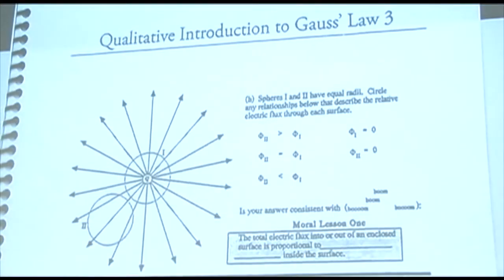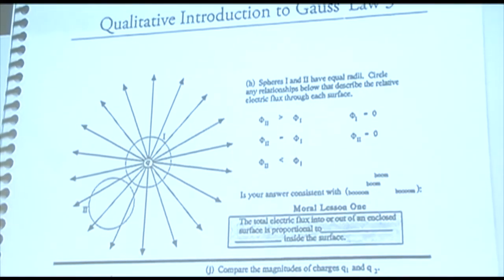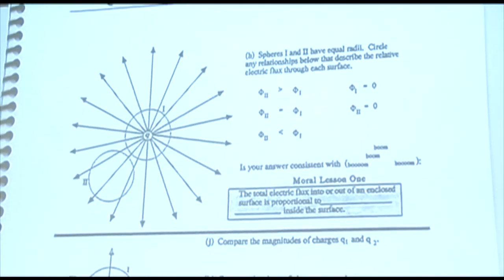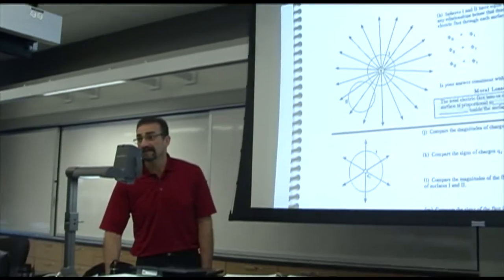Two spheres labeled 1 and 2, equal radii. We're trying to compare the flux through surface 1 to the flux through surface 2. I don't know if either one of them is 0. Any of them 0?